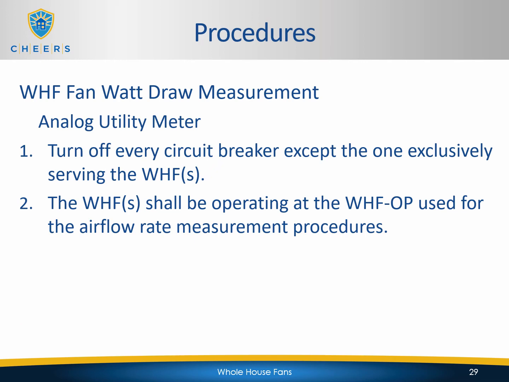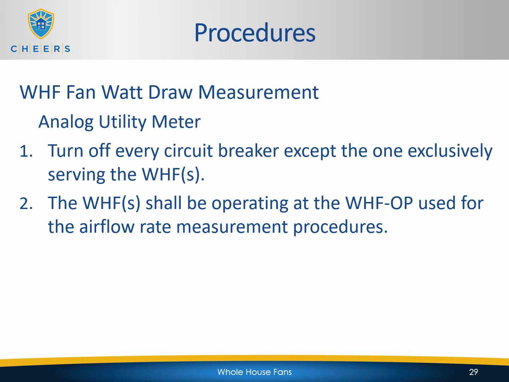Now for those utility meters, the analog meter is going to be a little bit more difficult than the digital meter, but thankfully this is a new construction HERS measure, and most new construction is going to have the digital meter. But those don't always work, so it's good to understand the analog meter procedure because it can also be used on the digital meters.